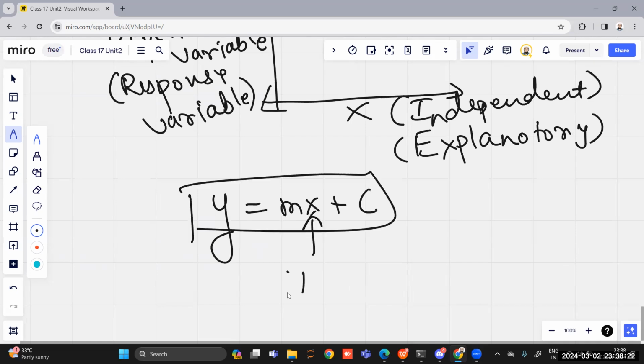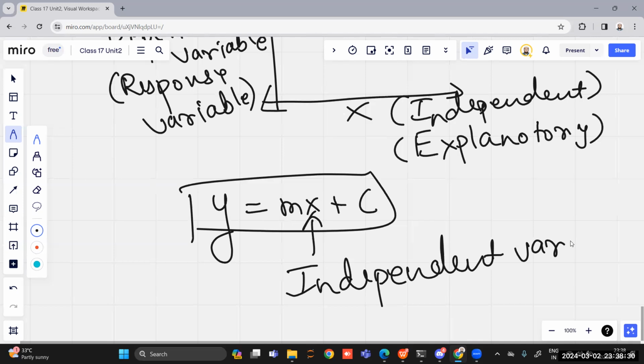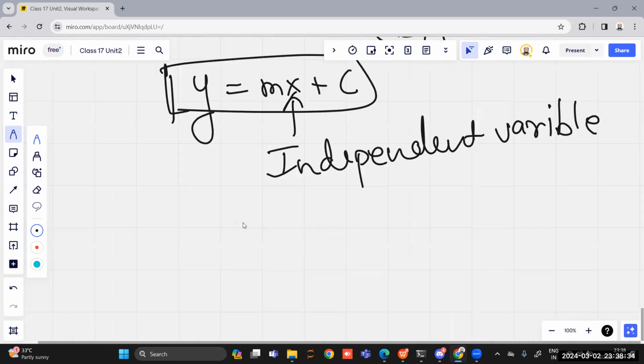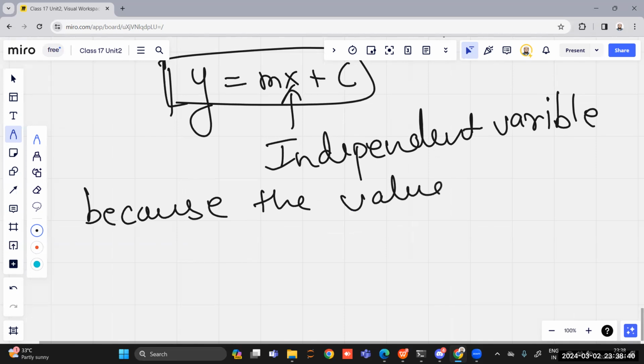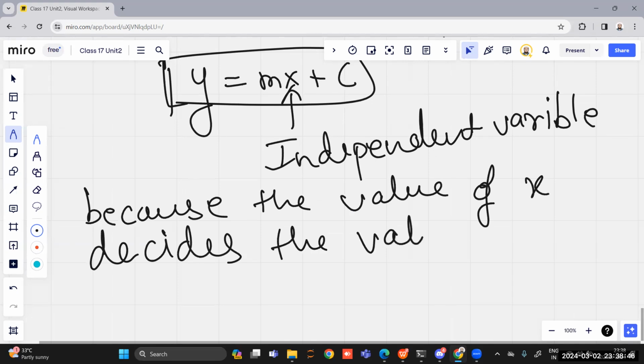In this, x is independent. I'm giving this equation because you will remember things better: the value of x decides the value of y.